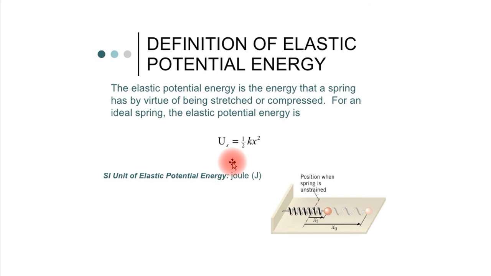So energy is equal to half into spring constant into x square, where x is the elongation of the spring. Okay, now how does it come? We have to discuss the derivation, the origin of this expression, half kx square.